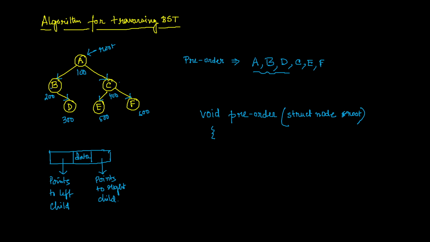It will print this B, and it will come in left again, which is null. So when root is null, there is nothing to print. If root is null, that means there is no tree even. So nothing to do. If it is not null, then I can print that node where I am standing, and then I can try to go to the left side, because pre-order says node, then left, then right.